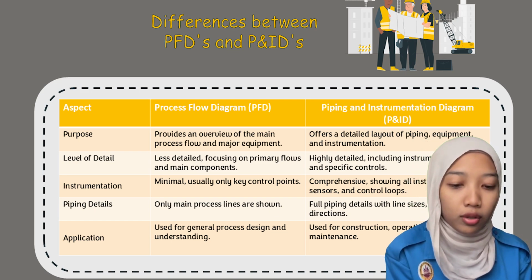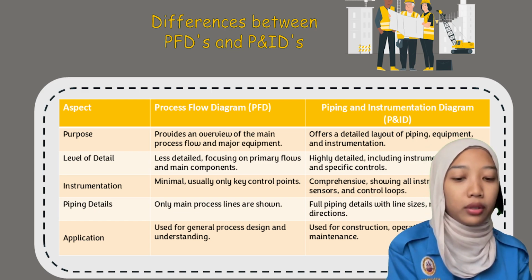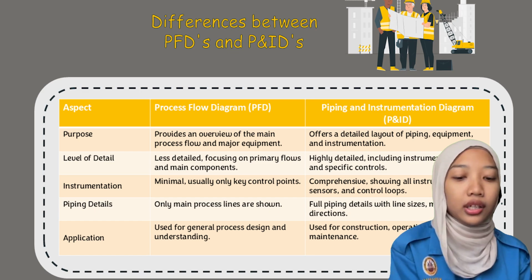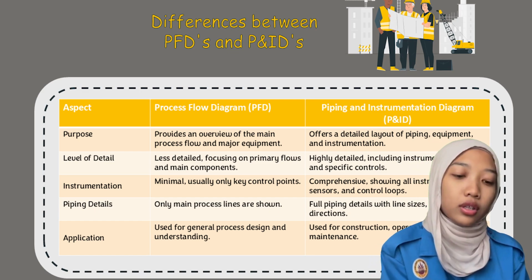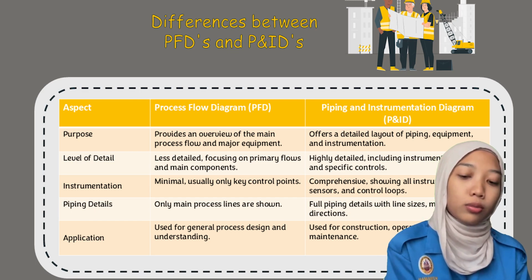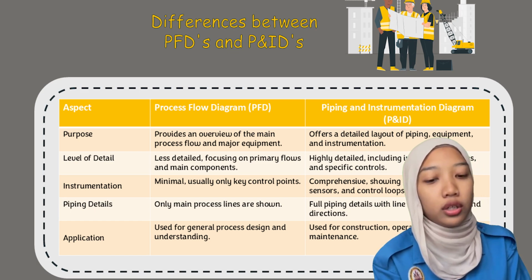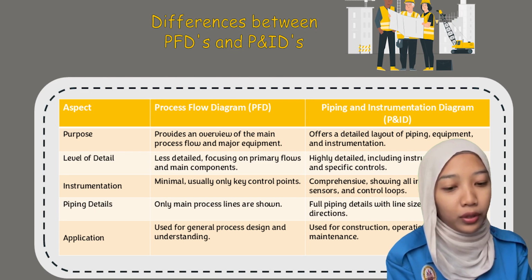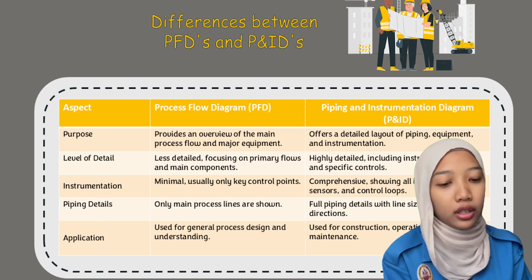For a PFD, less detail, focusing on primary flow and main components. And for a PNID, highly detailed, including instruments, valves, and specific controls. For instrumentation, a PFD is minimal, usually only key control points. And for a PNID it is comprehensive, showing all instruments, sensors, and control loops.